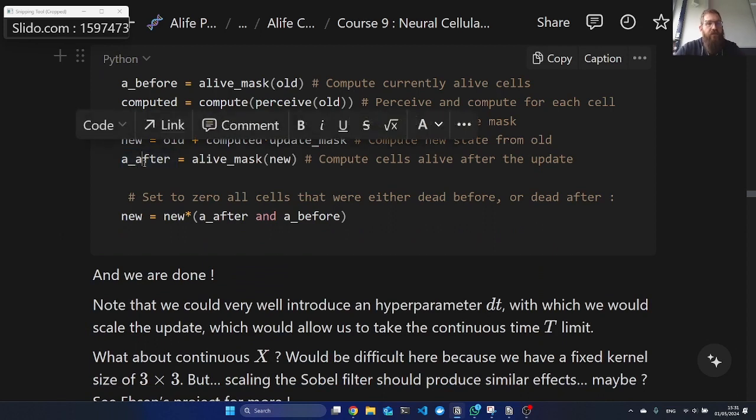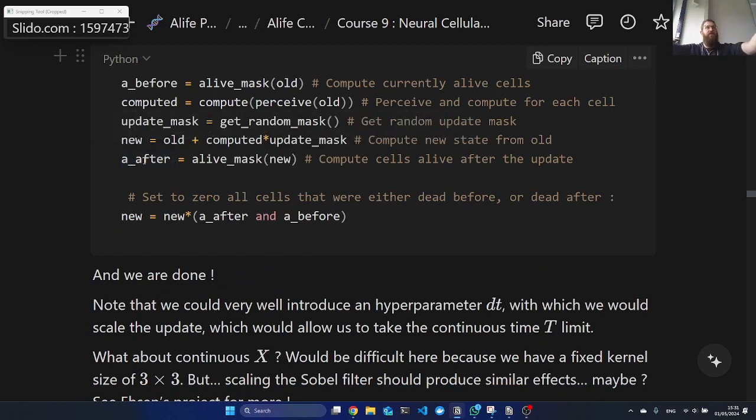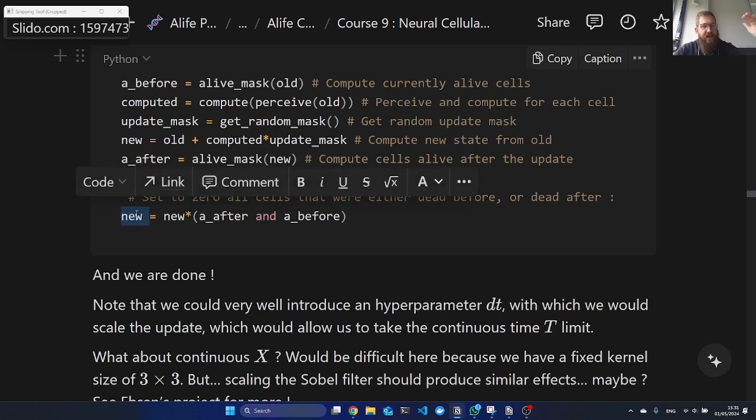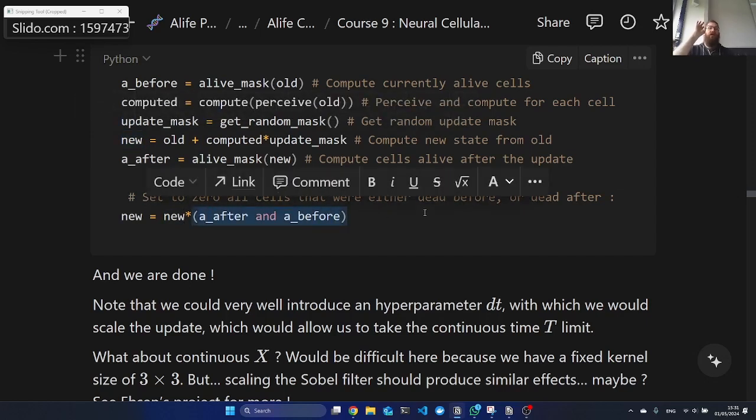And in the end, we compute which particles are alive after the update, because some particles might be dead before but become alive after. The final updated state is the state we computed, where we allow the particle to evolve only if it was both alive before and after.